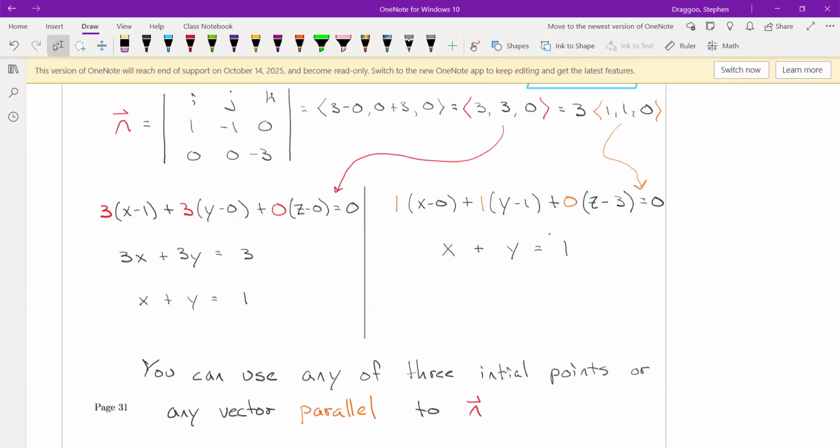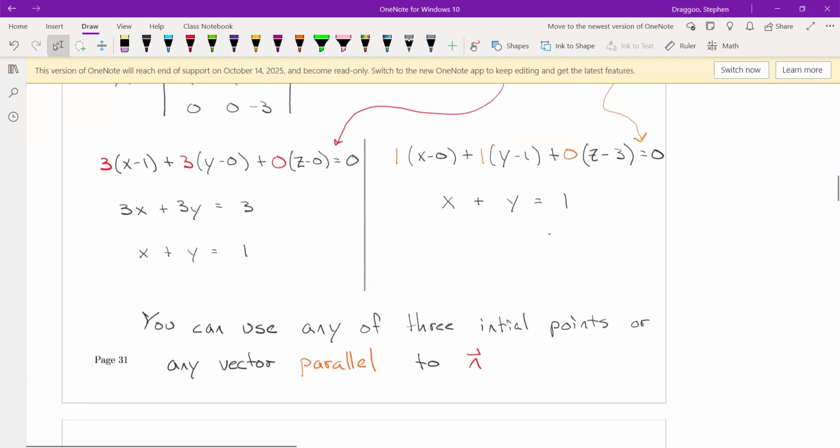Meaning that the normal vector to a plane is not unique, just the direction of that normal vector is unique. So using either 3, 3, 0 or 1, 1, 0, I can come up with an equation for that plane, which means if you want to simplify your work a little bit, or make some of the arithmetic that you do a little easier, you can simplify down your normal vectors.